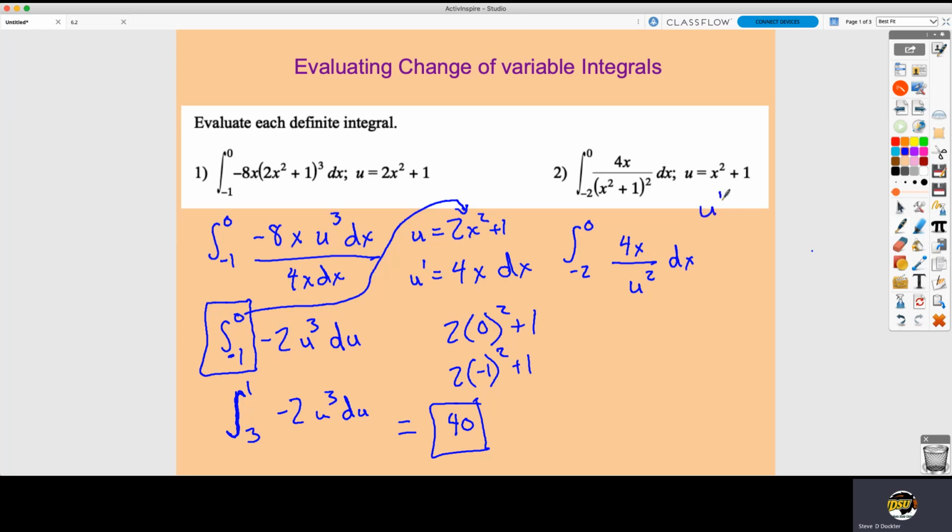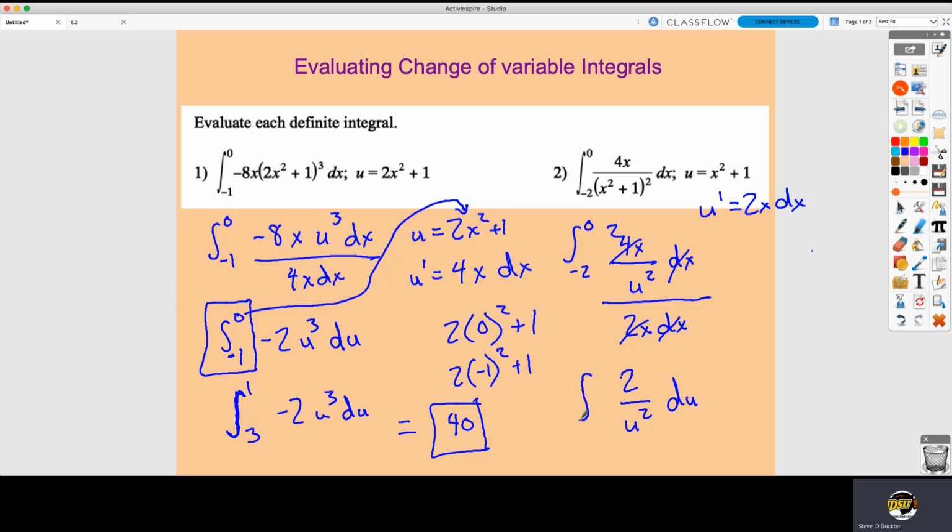We got to find u prime, which is just 2x dx. And we're going to take our u prime and divide this whole thing by that. So 2x dx. When we do that, the dx's obviously cancel. The 4x and the 2x turn into a 2 on the top. So this would be 2 over u squared, and then this turns into a du.